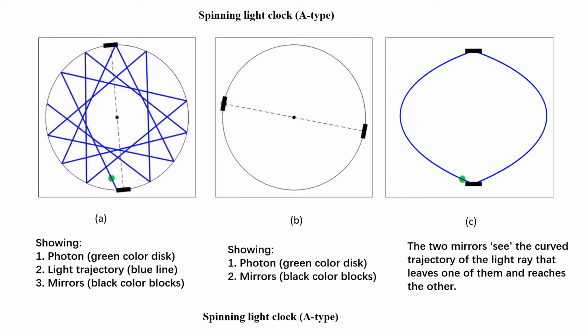So here we can see that this kind of pattern constructs a light clock, and we call it an A-type spinning light clock.